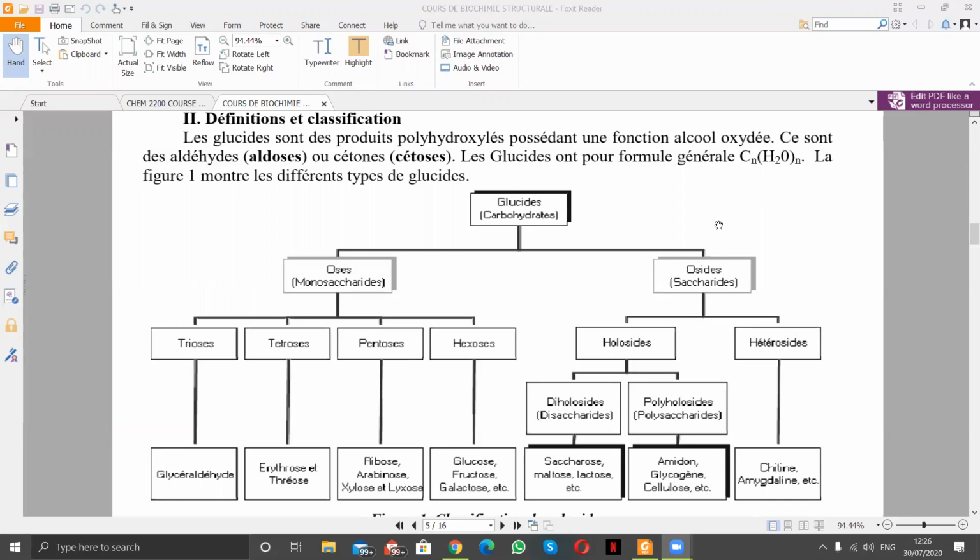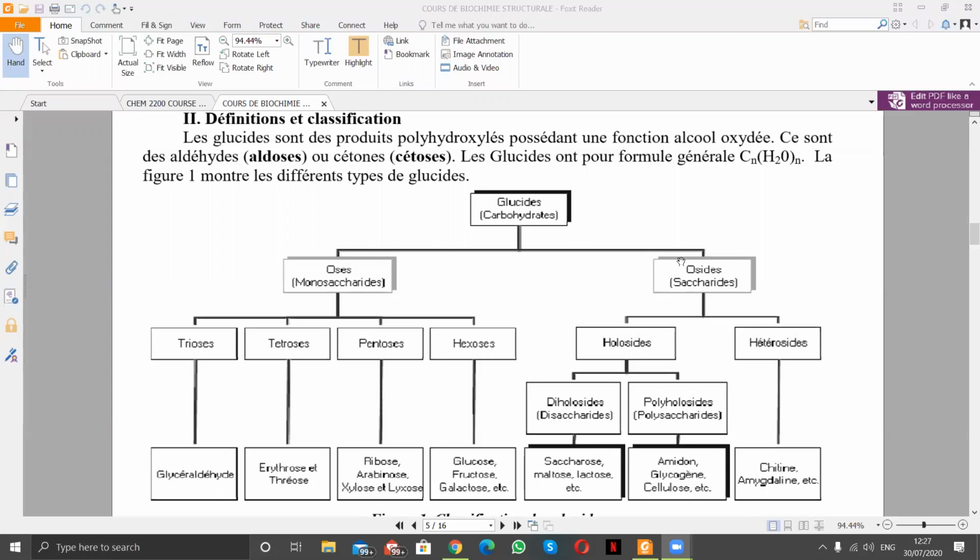Then monosaccharides exist as colorless, water soluble solids, etc. And I'm talking about the points you need to note.